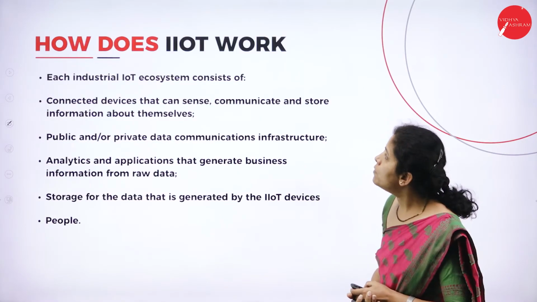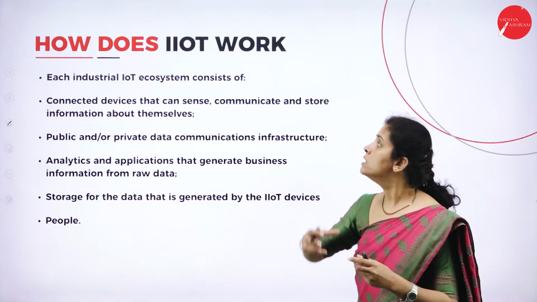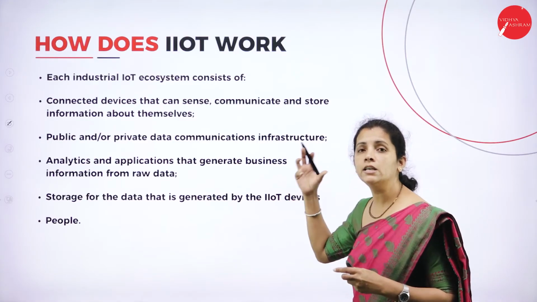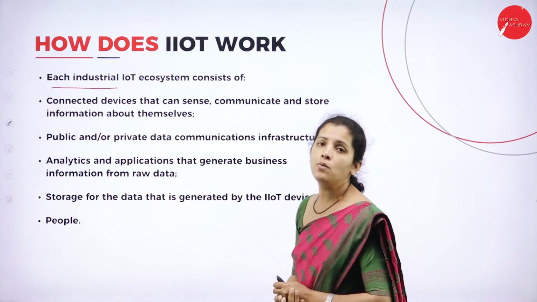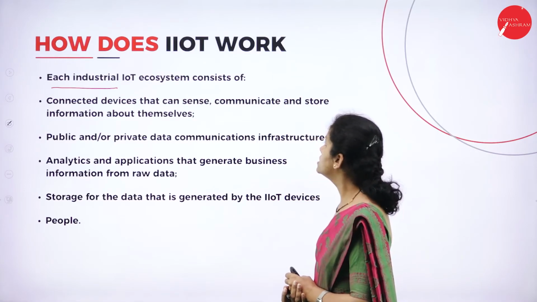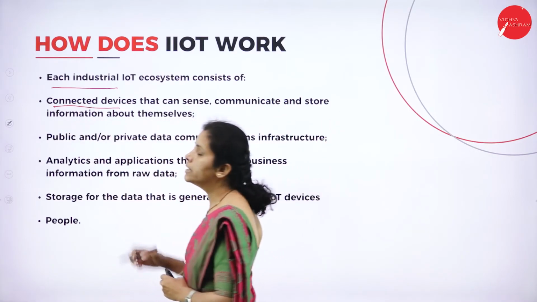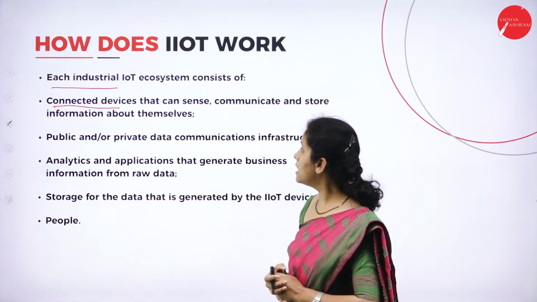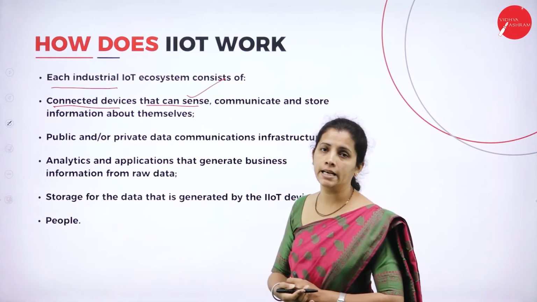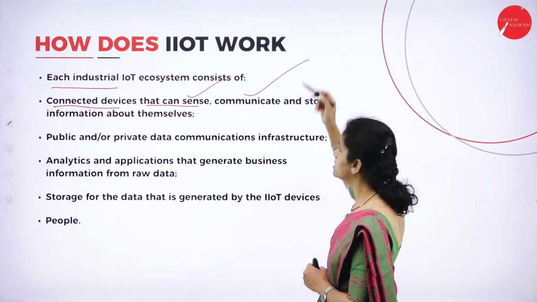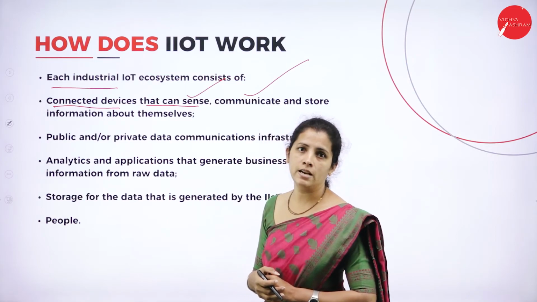Now, how does IIoT work? That means how the Industrial Internet of Things works. Each industrial IoT ecosystem includes connected devices that are capable of sensing data, communicating and storing information about themselves.